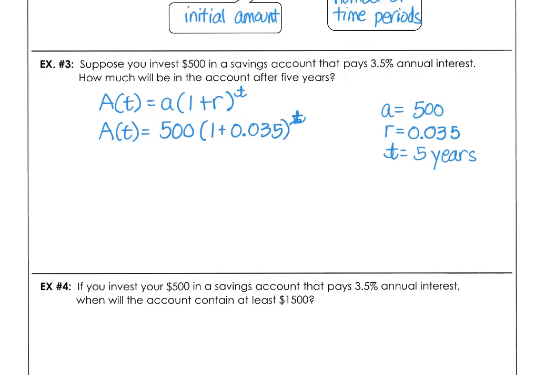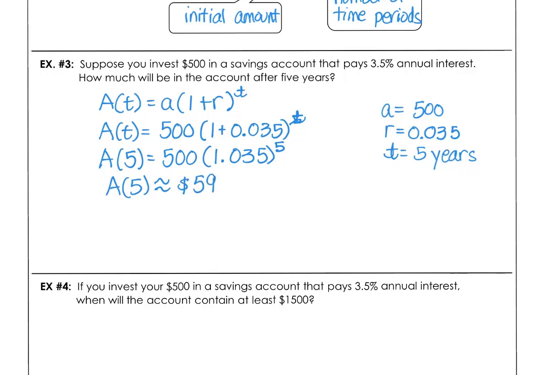So we want the a of 5 years. That means we need to go grab a calculator and substitute 5 up here for our time. And the a of 5 turns out to be about $593.84 if we've done our entry in the calculator the correct way.